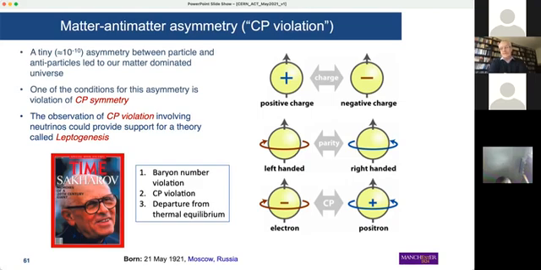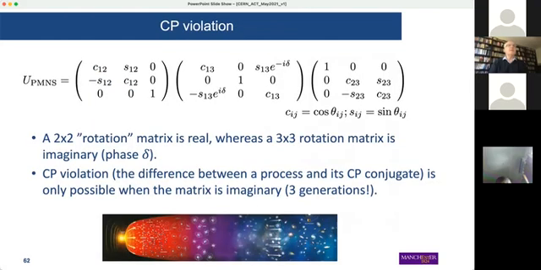One of the exciting things about it is that it could lend support to the theory of leptogenesis, which is one of the ways to explain this matter asymmetry in the universe. So let me say a few more words about this. We have this PMNS matrix, which is a 3x3 matrix. While a 2x2 matrix, which we started out with, is real, these matrices are in general complex due to this phase delta.